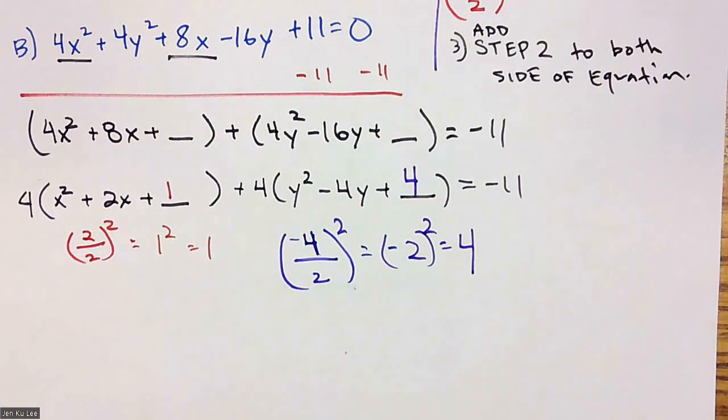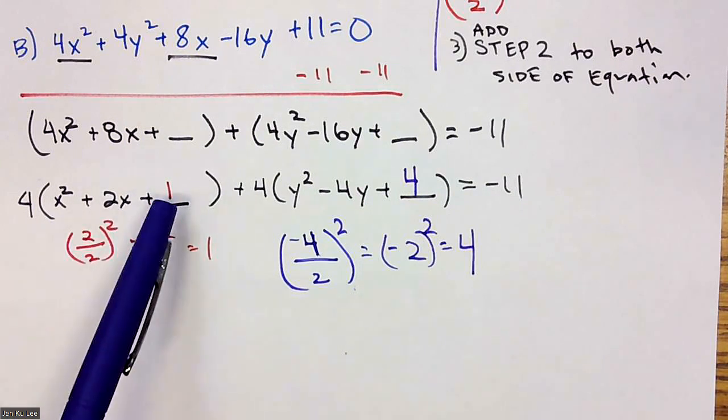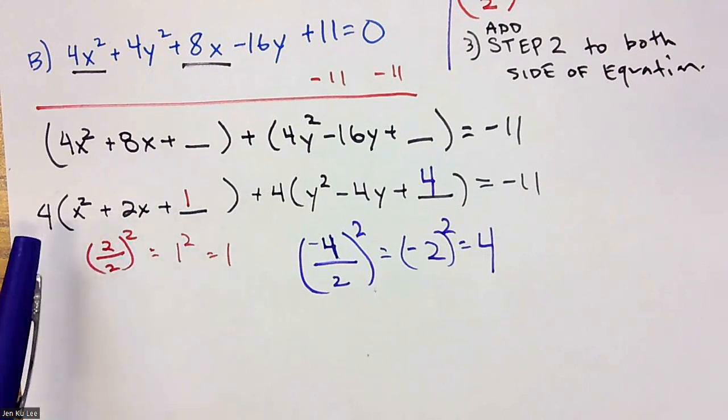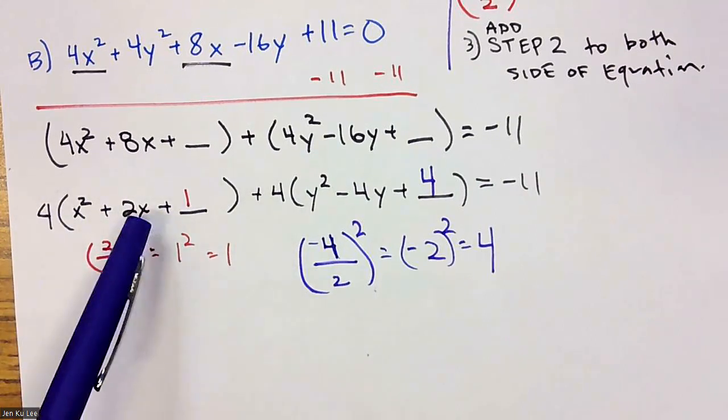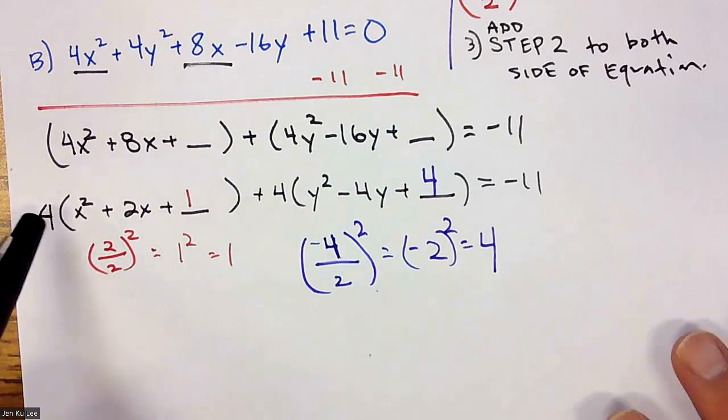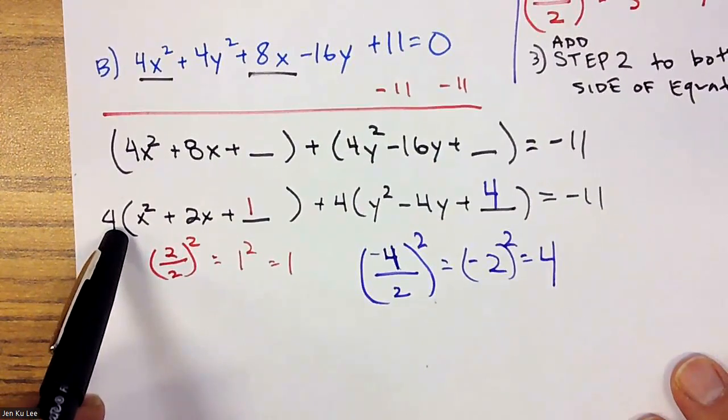Now here is where you have to be careful. Okay. I added a value of 1 here, correct? What's the total value that I'm adding here? Not 5. 4. Because I took out a 4, I factored out a 4 here, correct?